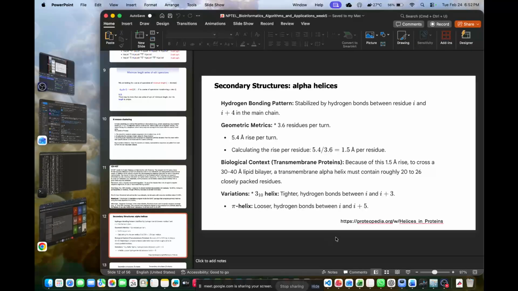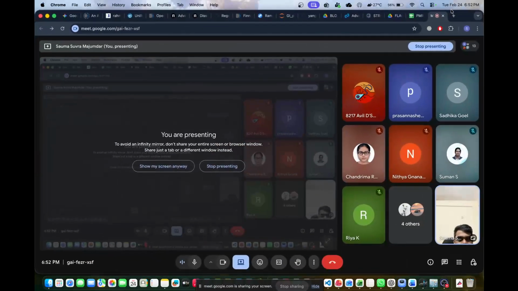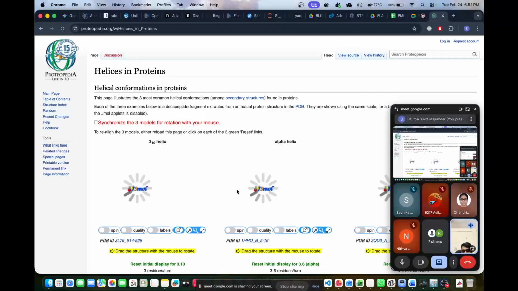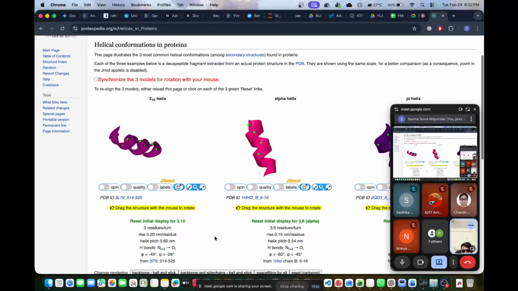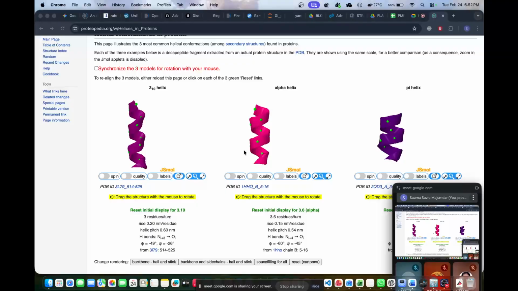So this is one website where you can go and play with, looking at different secondary structures and different helices and so on. This is the original alpha helix that we were talking about.